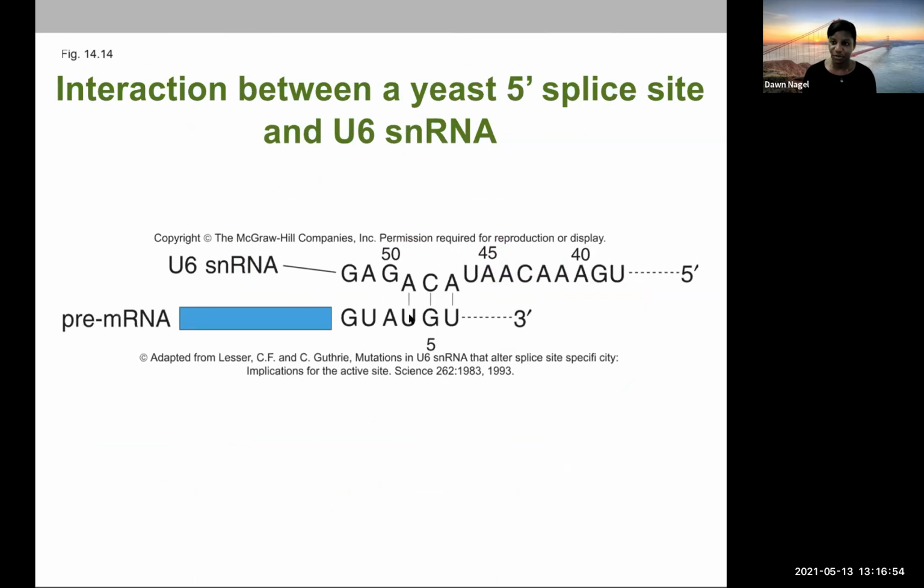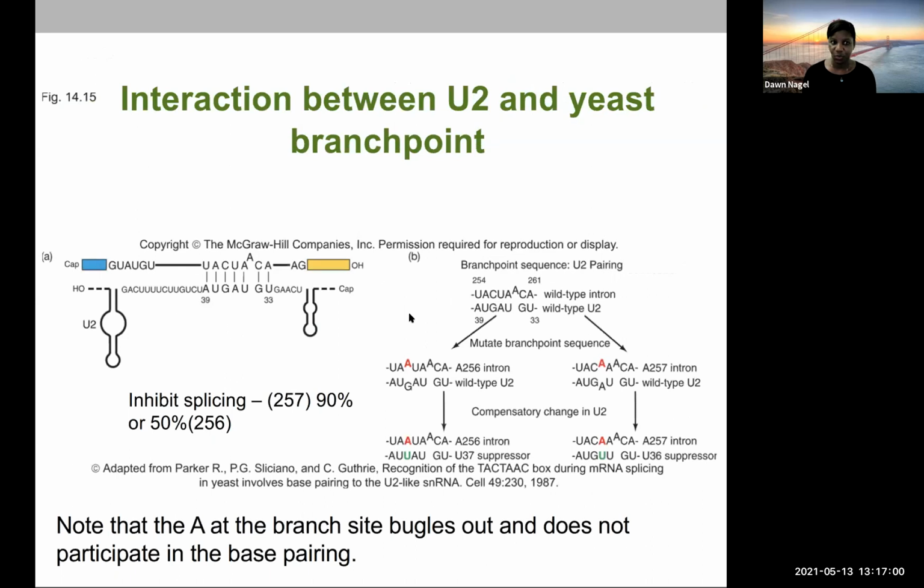And that's how it's able to be recruited there and help facilitate that process. It's the same with the branch point, right? So your U2 protein is the one I told you that's mostly involved in recognizing that branch point. And the RNA that's in there will bind to these regions, sequences or nucleotides upstream and downstream of this branch point, okay?